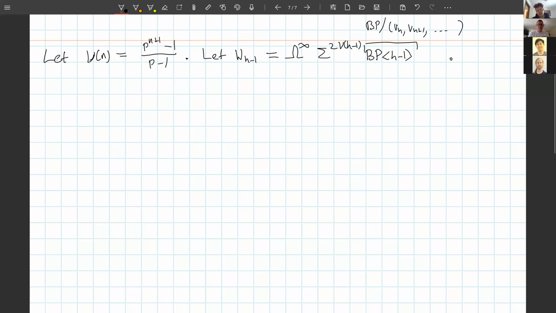Okay, and then we set R_h to be, again, the same Snaith construction. We take suspension infinity plus of this particular W_{h-1}, and we invert a class. There's a specific generator of this W_{h-1} coming from pi_0 of BP, and it's in dimension 2 times V of h+1, which is this suspension there.